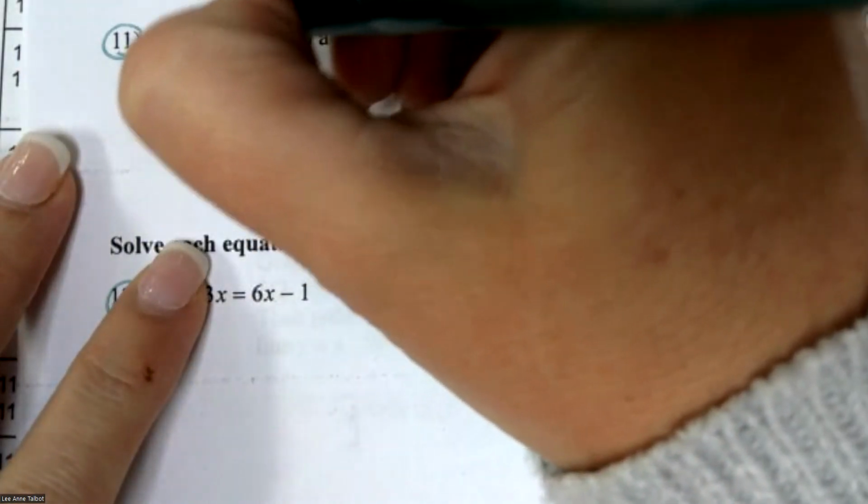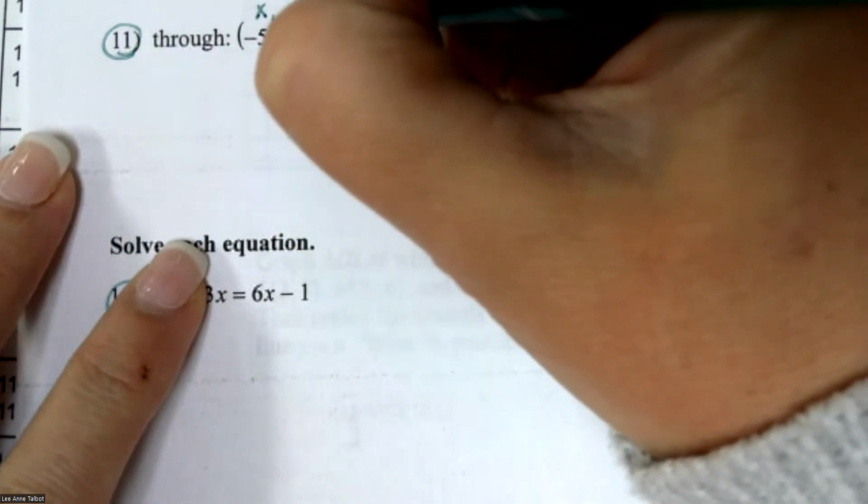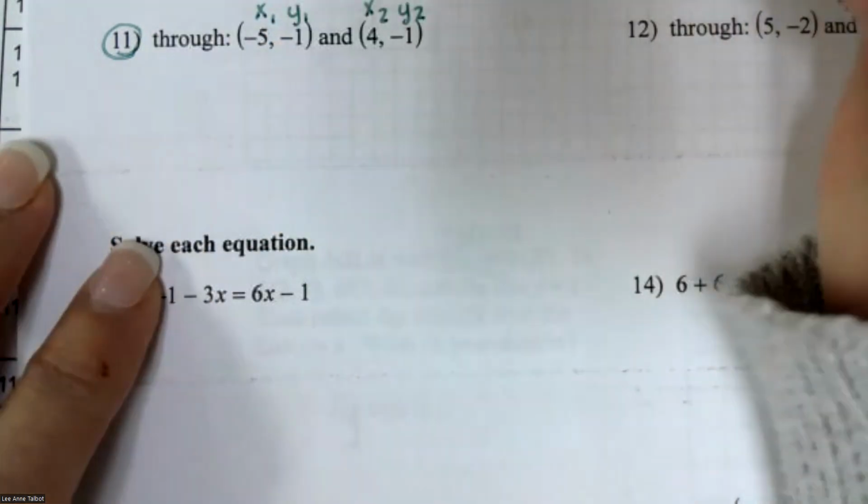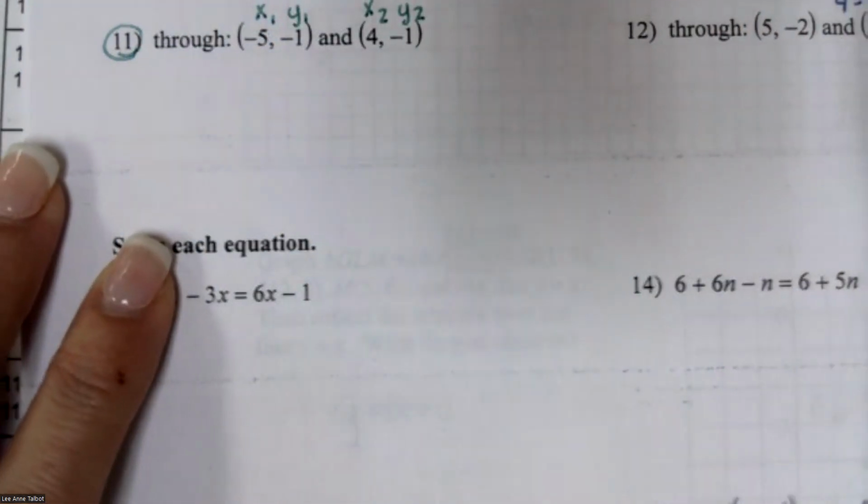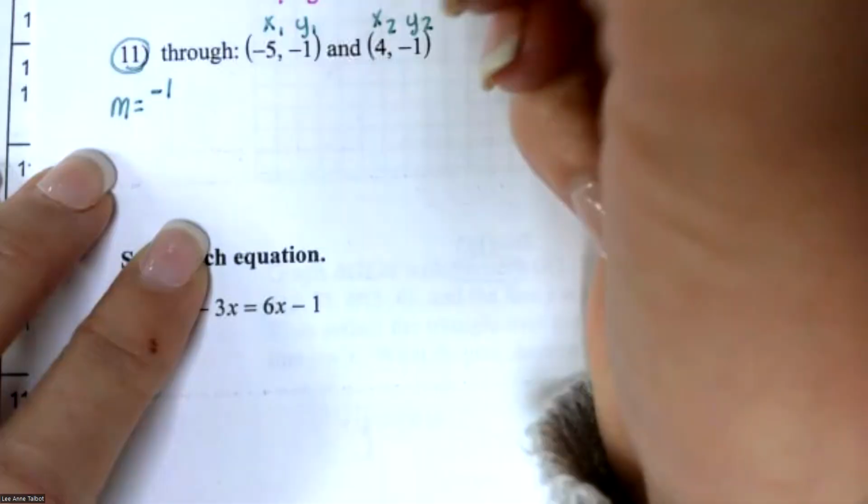So x1, y1, x2, y2, m equals y2 minus y1 over x2 minus x1.